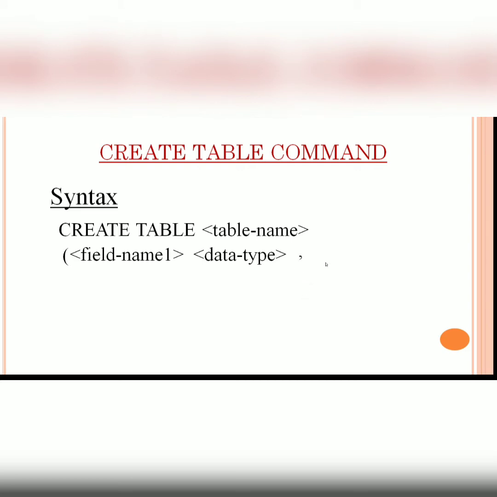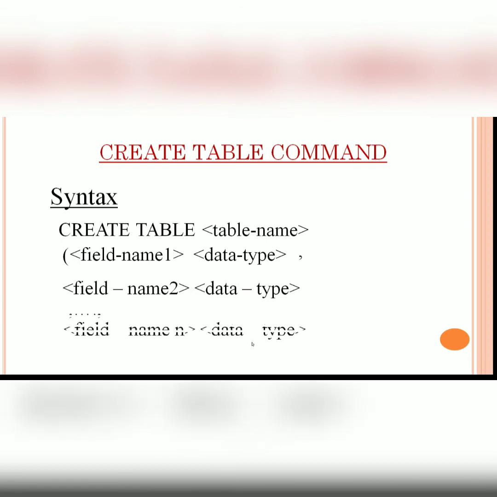After that we will use a comma for separating the next field and write down the second field name along with the data type, and this process we will continue until our field names are completed, and at last we will use closing bracket and semicolon for terminating the command.